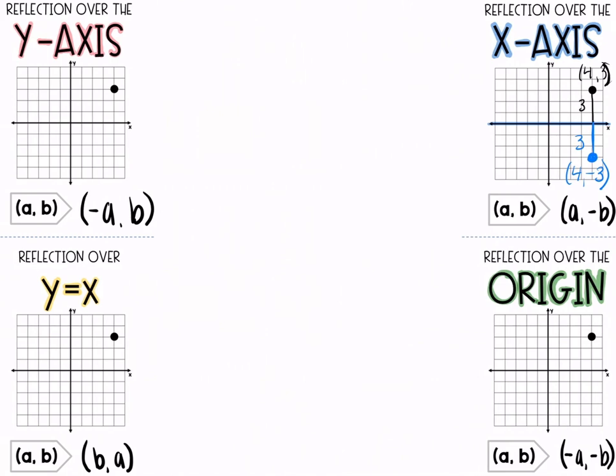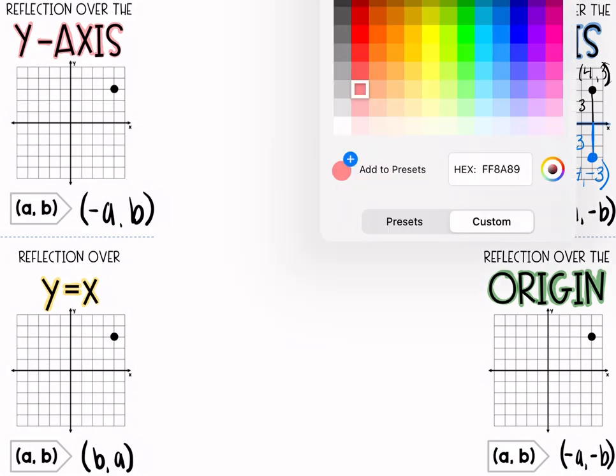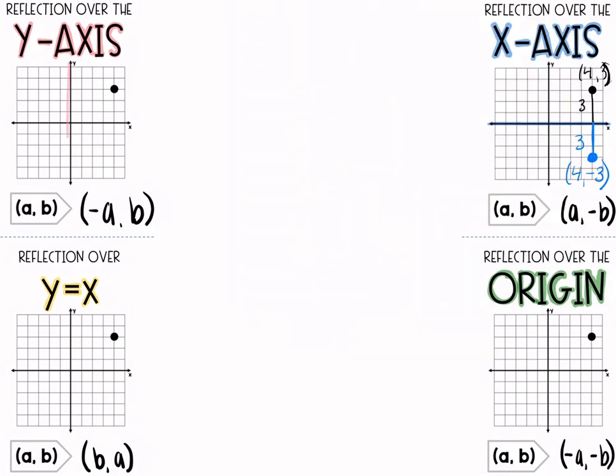Okay, so now let's go to the y-axis. If I'm reflecting across the y-axis, then I am reflecting across this line right here, this axis right here. So essentially what we're going to do is count how far away that point is. This point is 1, 2, 3, 4 spaces.